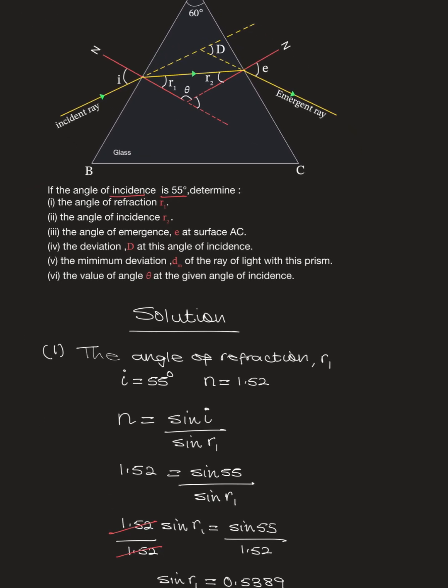Question 6. It is asking us to find the angle theta. So how can we find the angle theta? Well, we know the value of R1 and R2, so we can easily find the angle theta because these three are in a triangle, and sum of angles in a triangle is 180 degrees.